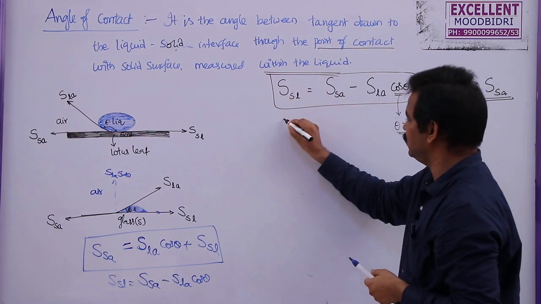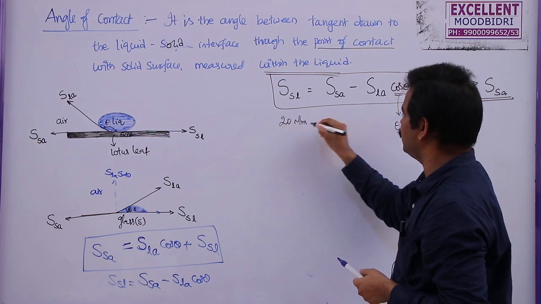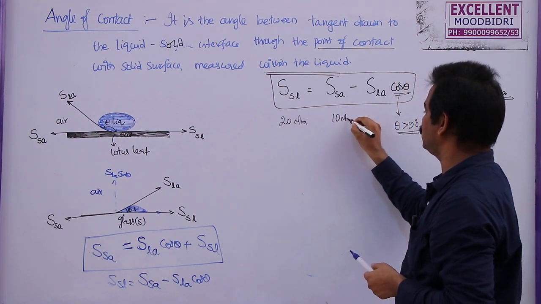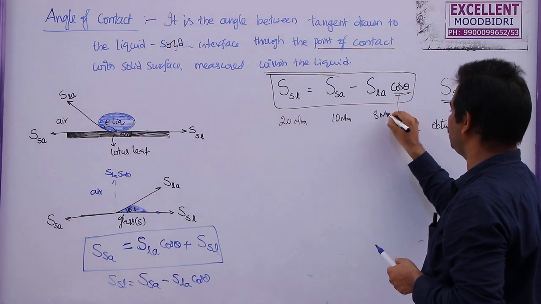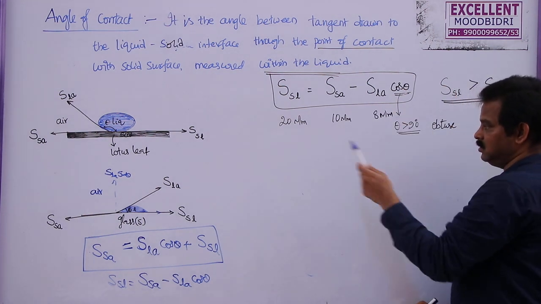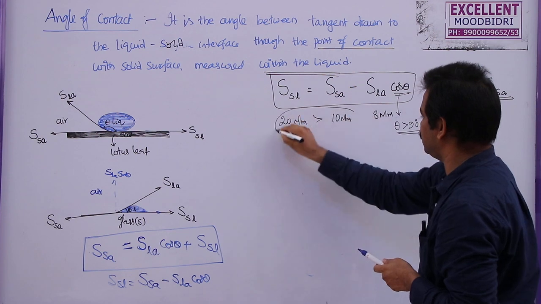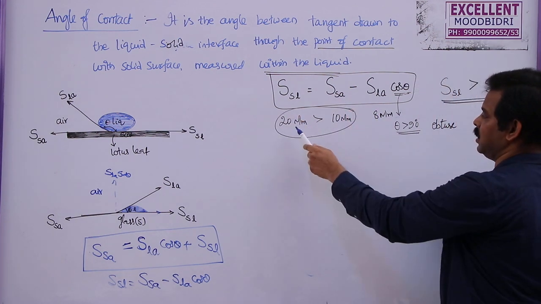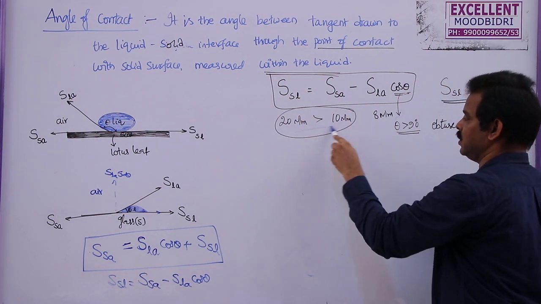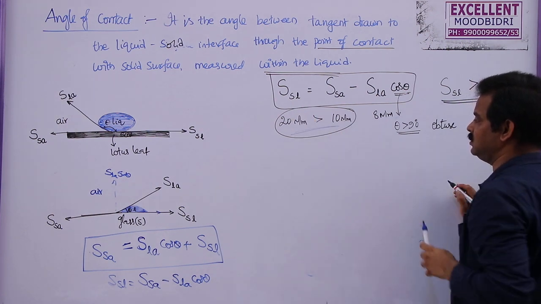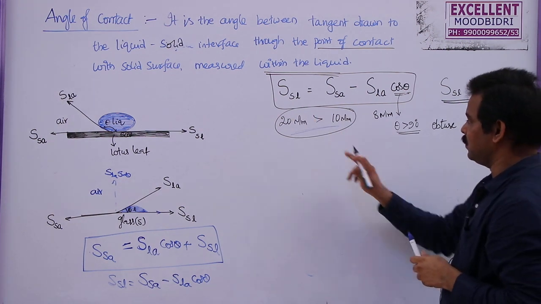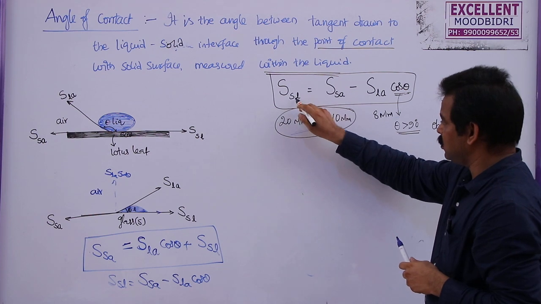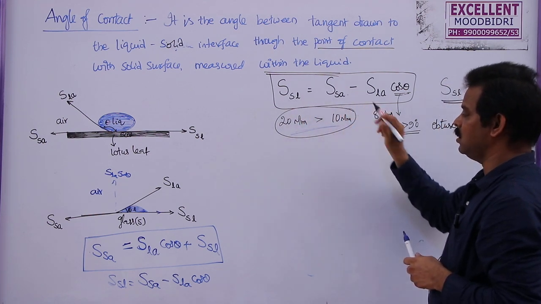Let us say this is 20 newton per meter, this is 10 newton per meter, this is 8 newton per meter. In this case 20 is greater than 10, and the sum of these two is greater than this. If S_SL is greater than S_SA, then what happens? The surface tension between solid and liquid is greater than the surface tension between solid and air.